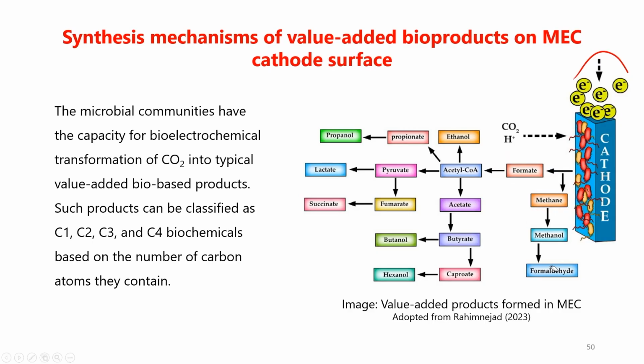So, here they convert carbon dioxide and combine it to produce formate, and or they may produce methane, and this formate transforms into acetyl coenzyme A, which will further produce ethanol and acetate. Then the acetate will produce butyrate, which goes on to produce caproate and butanol, and caproate is converted to hexanol.